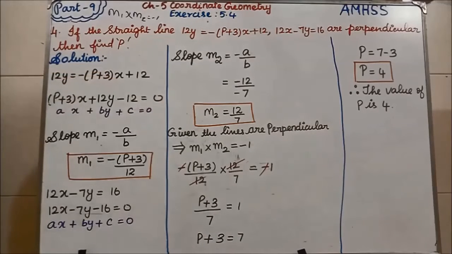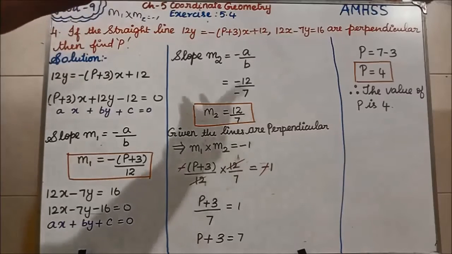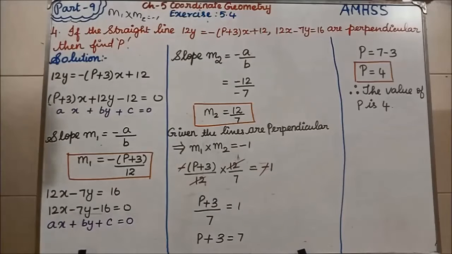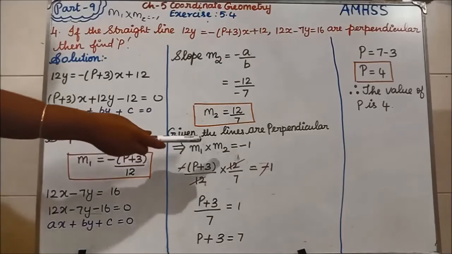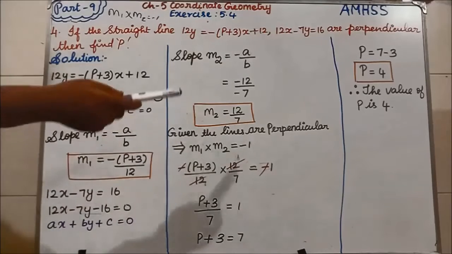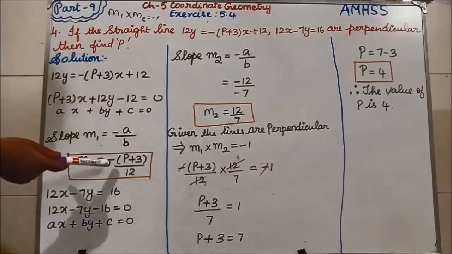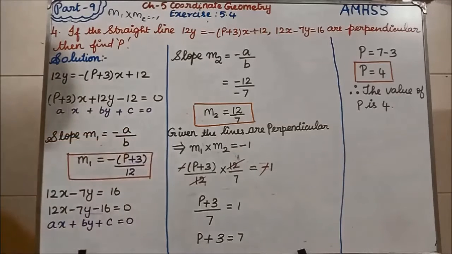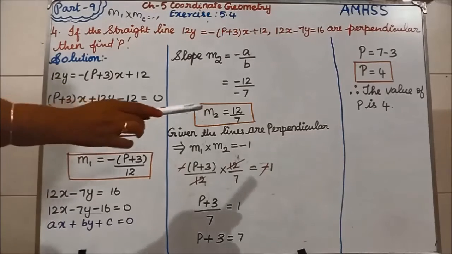Clear, students? Since the lines are perpendicular, as given in the question, this line and that line are perpendicular, so we know the formula m1 times m2 is equal to minus 1. What is the m1 value we have got? Minus (p + 3) divided by 12, times the m2 value, 12 by 7, equal to minus 1.